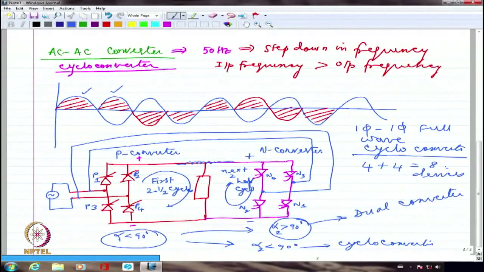If I want now 1/3 of the frequency, I can make 3 half cycles positive, 3 half cycles negative. So you know how to reduce the frequency further. But we will not be able to increase the frequency with single phase, because the thyristors will go off only when the input is starting to go into the negative half cycle. So I cannot increase the frequency unless I use some kind of forced commutation.